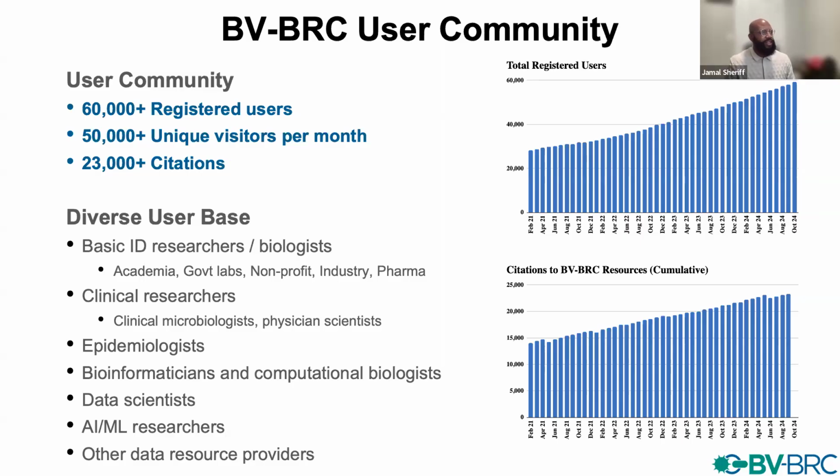Our user base is fairly broad, from basic science and applied science researchers in academia, government organizations, nonprofits, and pharmaceutical companies. We also have clinical researchers, epidemiologists, bioinformaticians and statisticians, data scientists, as well as educators. Several institutions have classes that use our resources to teach bioinformatics.